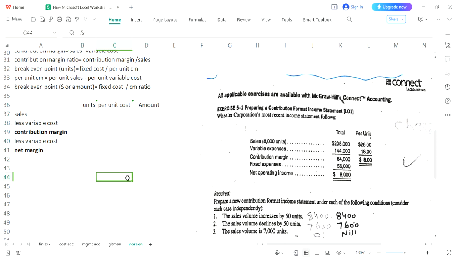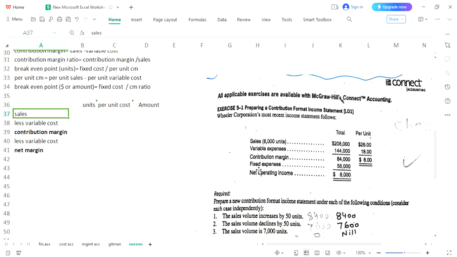So here almost the question is previously solved, and we need to alter it. You can see here 8,000 units are present over here. So we will write 8,000 over here, and the complete question has been solved. You can see the same headings we have written over here are appearing over here as well.